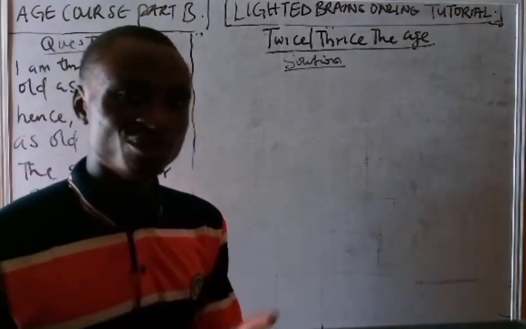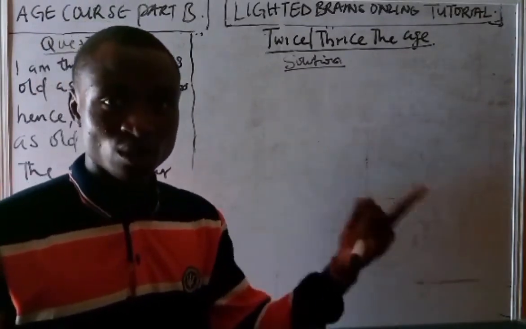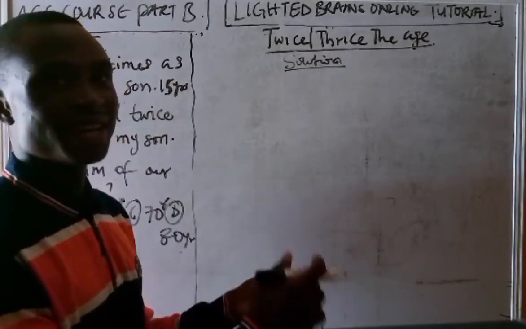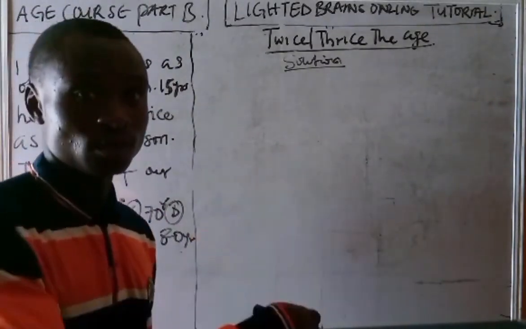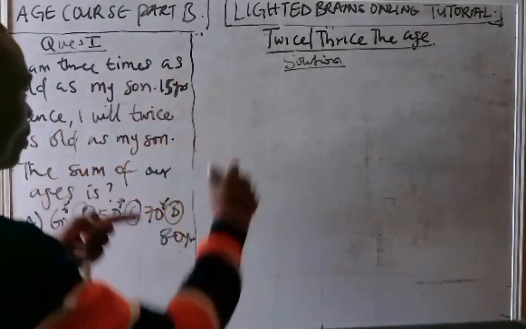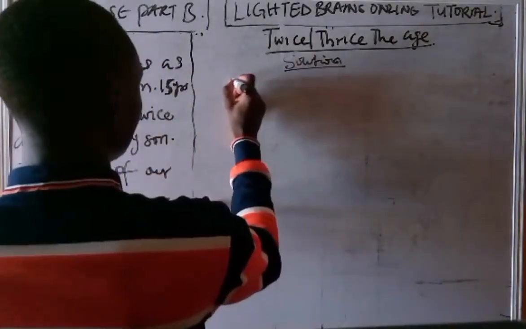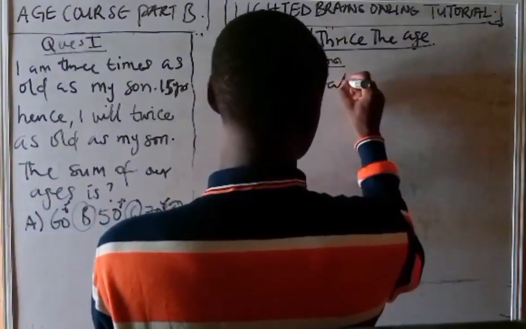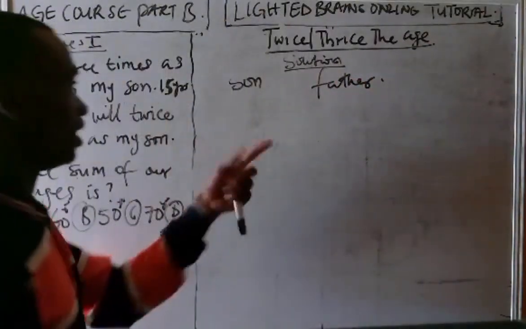From the concept that I gave you, is it concept 1 or concept 2? Of course, it's concept 1, which states that if a father is thrice the age of his son. So, the son's age, do we know it? No. The father's age, let's find it.